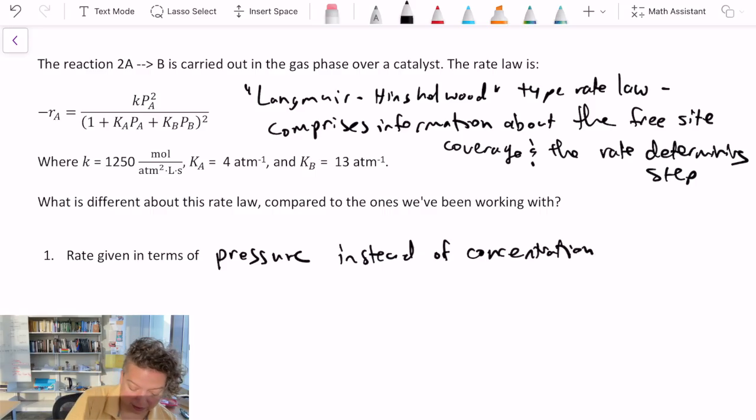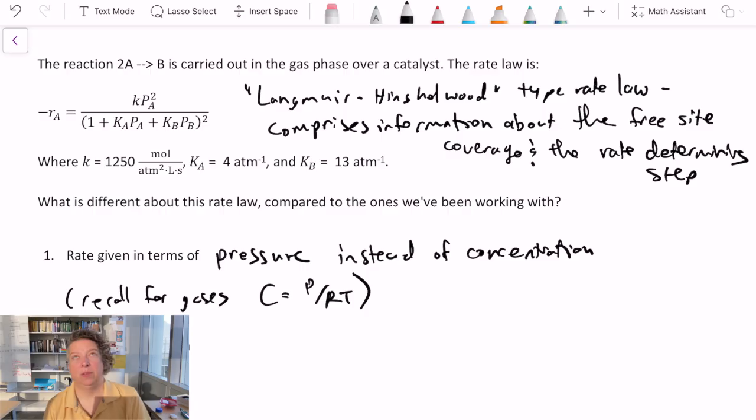But we also know this is a gas phase reaction and that pressure and concentration are related for gas. Recall for gases that concentration is equal to P over RT. It's a restatement of the ideal gas law. That's like saying N over V is equal to P over RT.